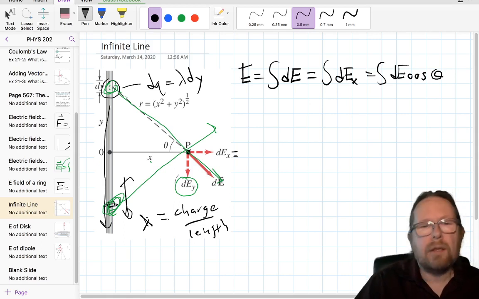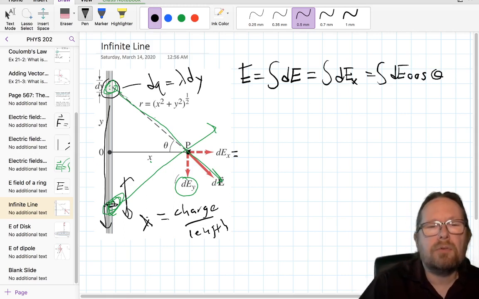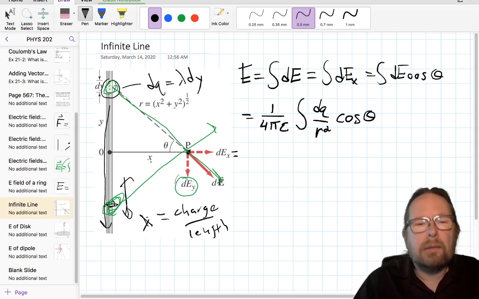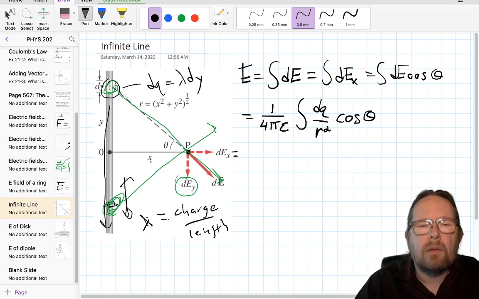So we can write that the electric field is equal to 1 over 4 pi epsilon naught times dq over r squared, the electric field due to every little piece of charge dq, times the cosine of theta, which gives us just the horizontal component. So our dq is equal to lambda dy.